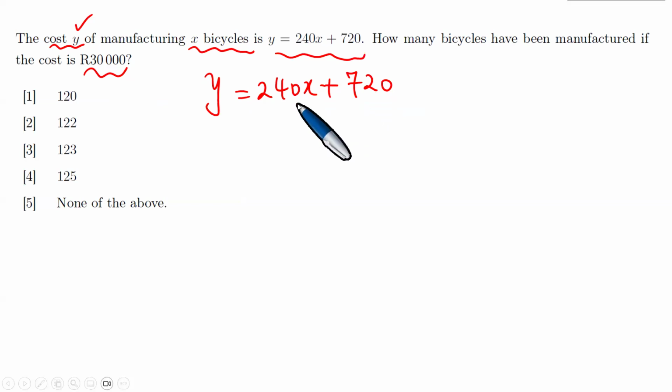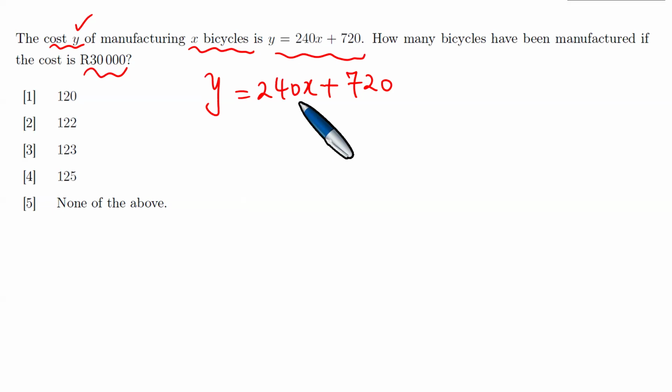That is the cost of manufacturing x bicycles, and it is exactly that. So how many bicycles have been manufactured if the cost is 30,000?